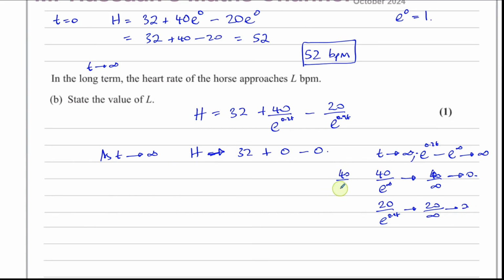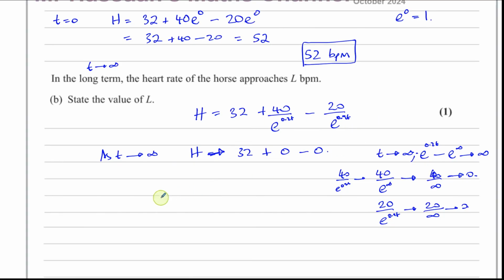Just as 40 over e to the power of 0.2t will also do the same thing. As the value of t gets really huge, the denominator gets really big, so this fraction becomes really small. The bigger that number in the denominator becomes, the closer and closer the value of that fraction gets to 0.